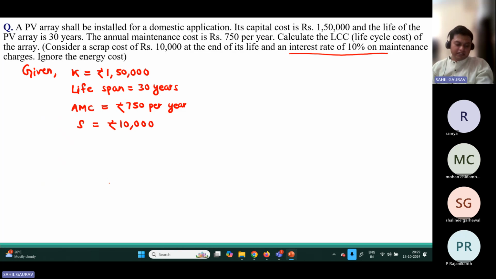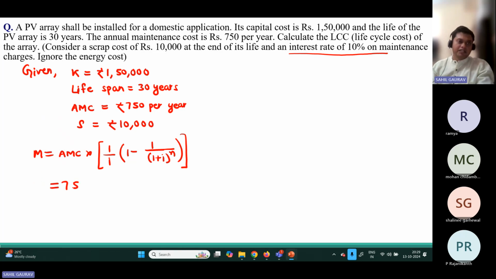So first we find the maintenance cost. Maintenance cost will be AMC into 1 upon I into 1 minus 1 upon 1 plus I to the power N. The annual maintenance charge is 750 rupees, I is given as 0.1, and N is given as 30.